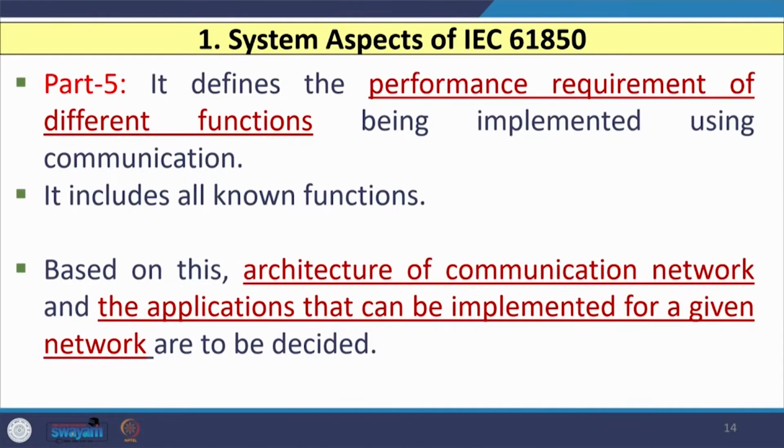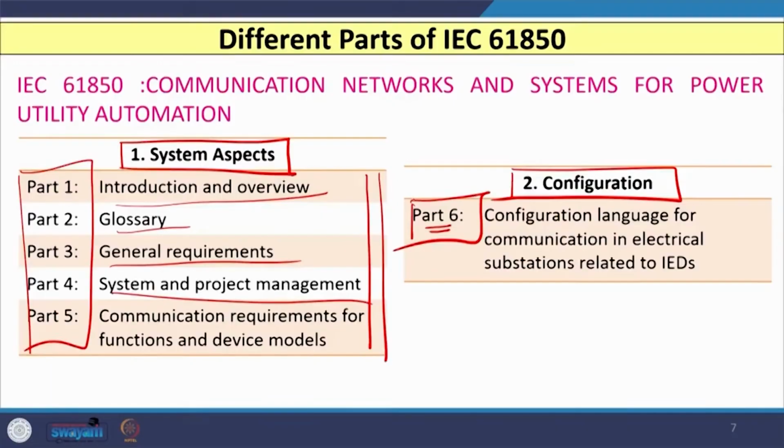So, based on this, the architecture of the communication network and the applications that can be implemented for a given network are to be decided based on the requirements of the different functions which we wish to implement using communication. Now, this is all related to the 5 parts available in system aspects of IEC 61850. Now, the second one is the configuration part.